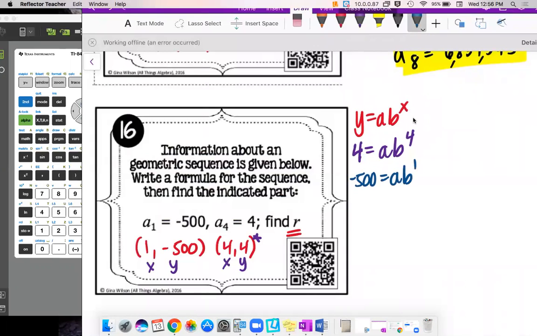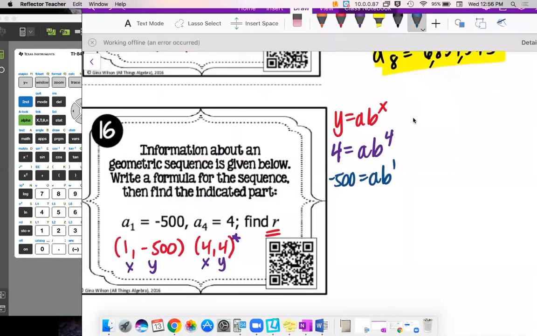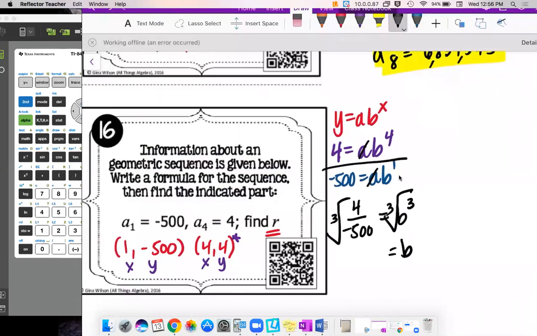And then what you're going to do is solve this algebraically. So what we can do is divide these two equations. When we do that, the a's cancel out. So this becomes 4 over negative 500 equals, now if I have b to the fourth divided by b to the first, we subtract exponents. This becomes b cubed. And then I can do the cube root of both sides to get that b value, or that r value.